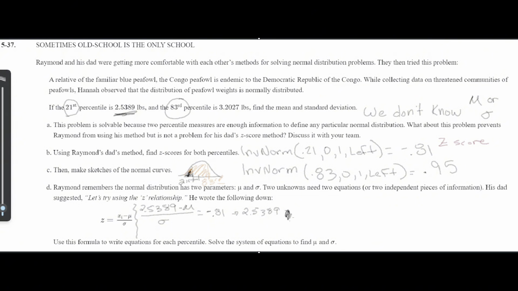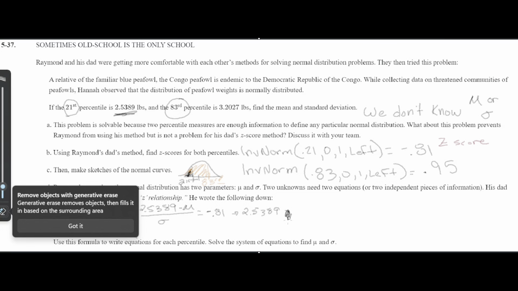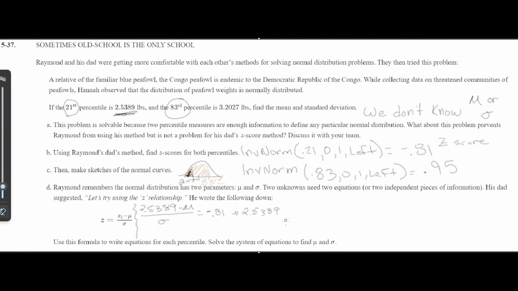2.5389 minus mu equals negative 0.81 sigma. All right.